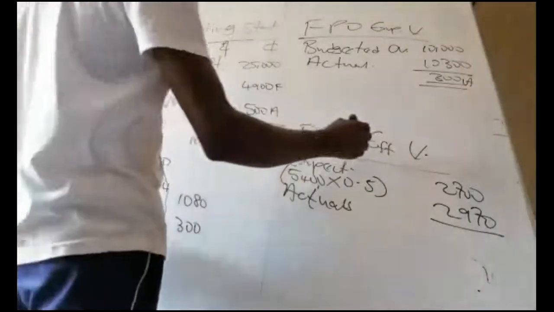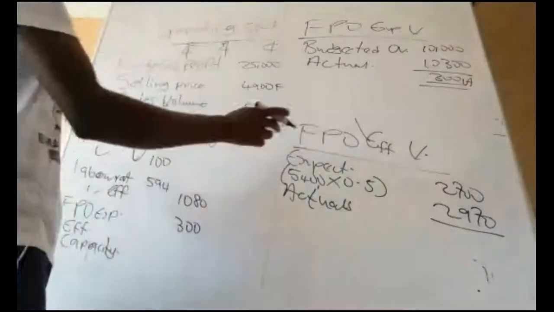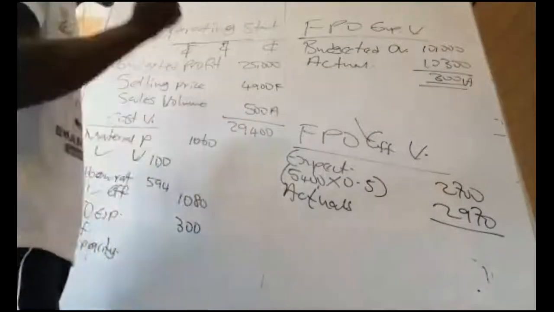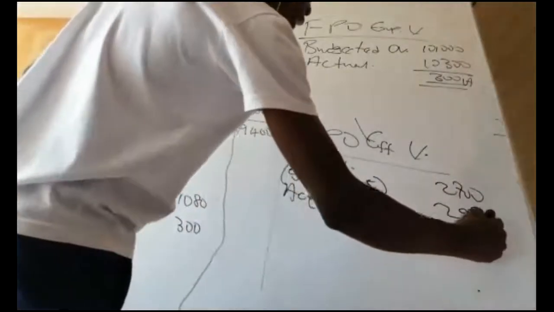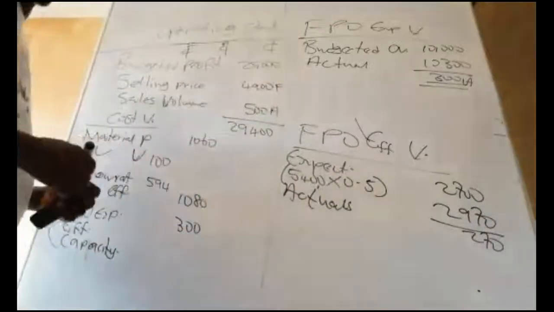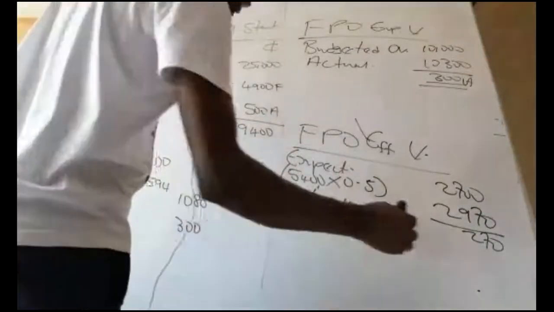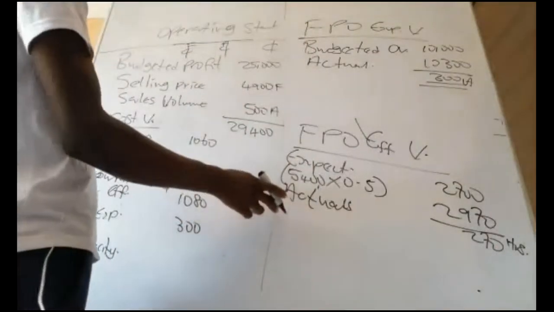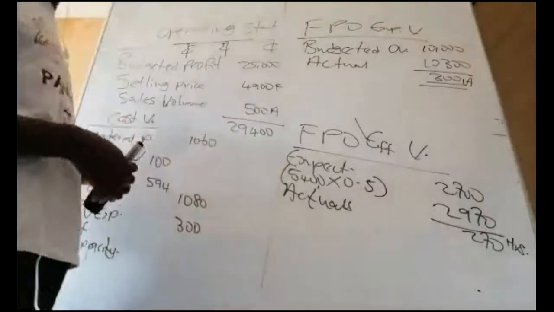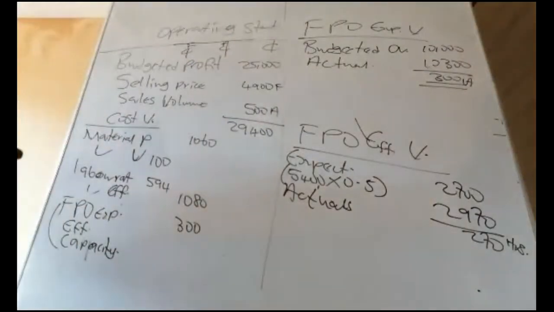Please take note that labor efficiency is the same as the fixed production efficiency. The only difference is that after you get the variance in terms of hours, here you are going to use the fixed production overhead rate per hour.